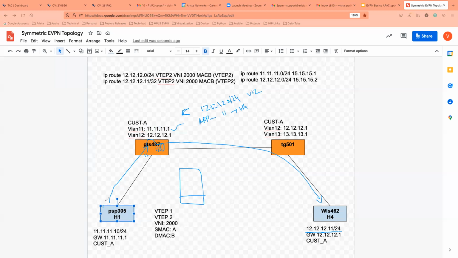When I send the packet from here to the gateway, my source MAC was H1 and destination MAC was the gateway MAC, which was here. Now, when I have to forward this packet to this guy, what will be my source MAC?